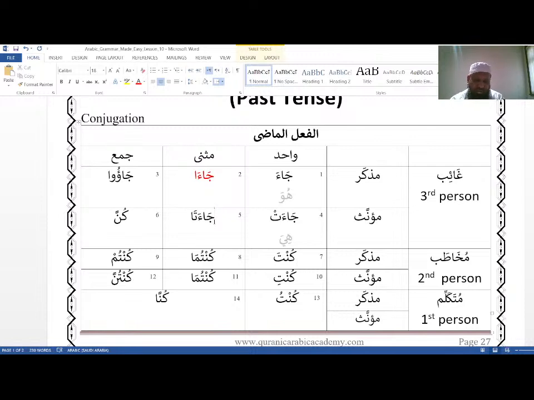From here, we'll see the change. Now, this time, because the original letter was ya, when we apply some rules, it will get a kasra. Ji'na.